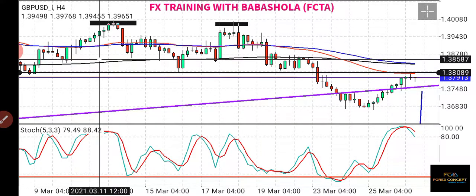And when price actually meets this point, around 1.38587, but actually I would love to put it at 1.38643, around this region.